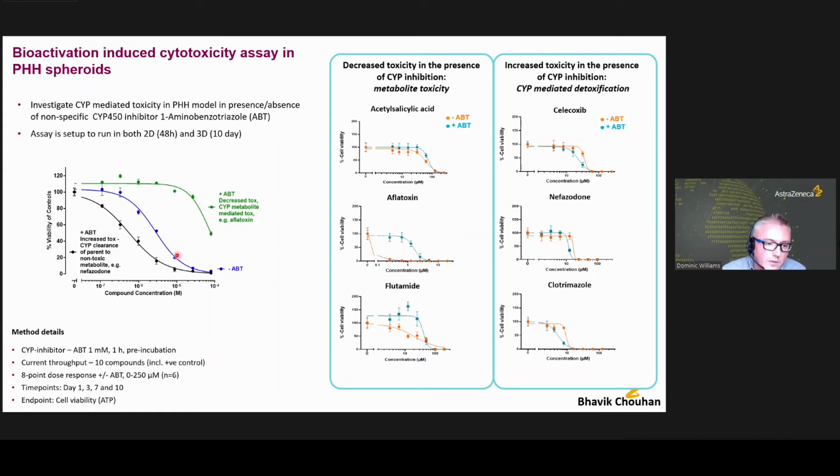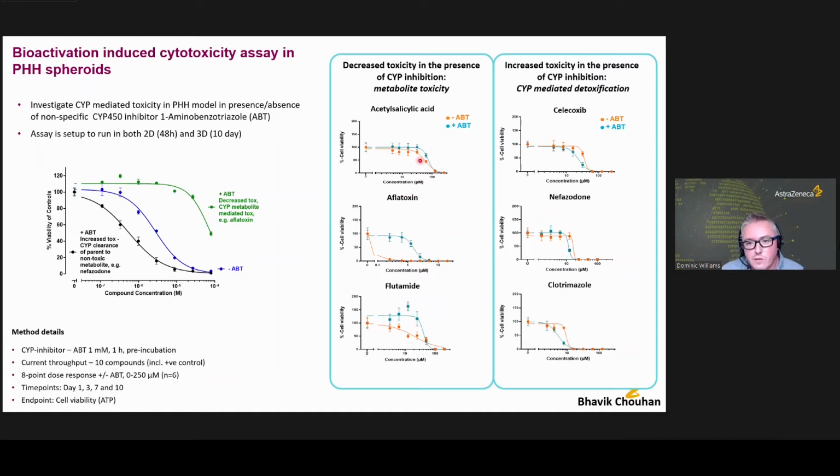But then when we include ABT, which is a non-specific cytochrome P450 inhibitor, if we see decreased toxicity, this indicates that a reactive metabolite is being formed and that the cytochrome P450s were responsible for that reactive metabolite formation. In some cases, we actually see enhanced cytotoxicity, indicating that clearance is actually a mechanism of detoxification of the parent compound. We often see this with oncology agents, and so the parent compound is more toxic than any metabolites that are formed.